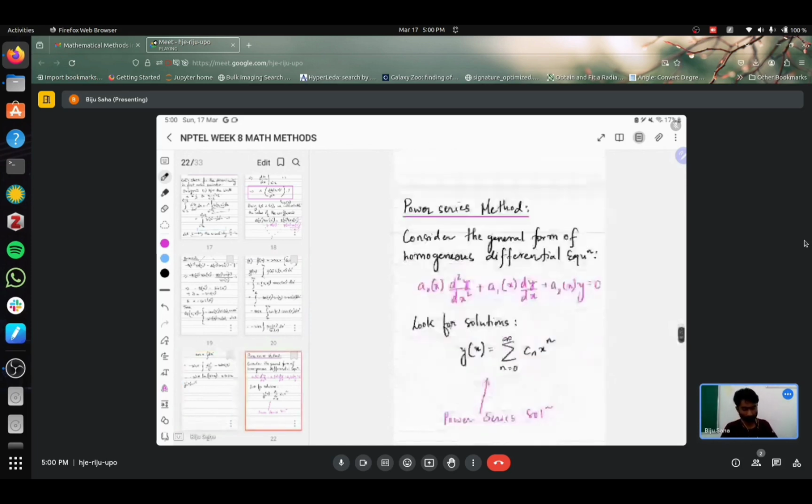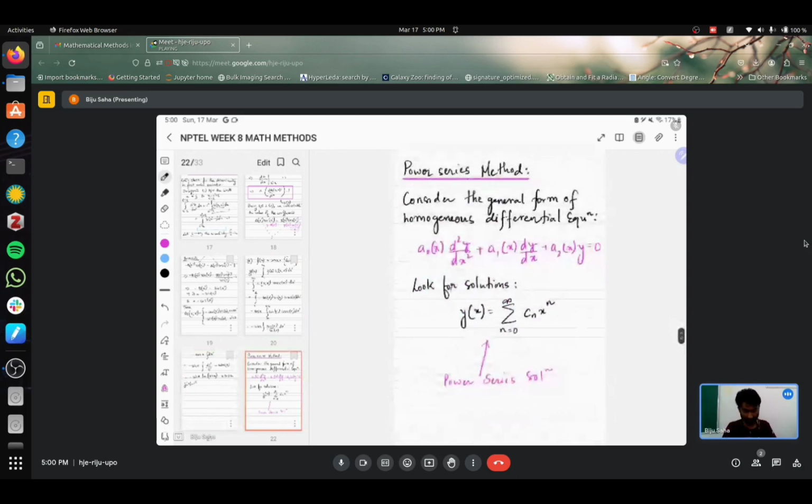So after having discussed this green function method, let us come to this particular method, which is known as the power series method.